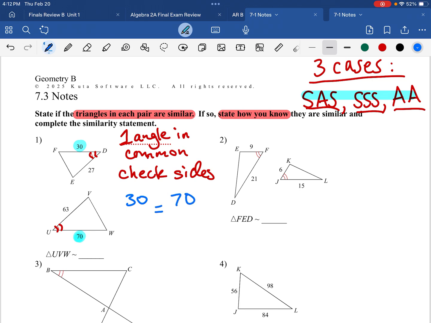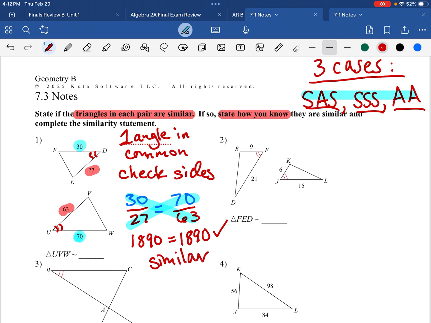But the 30 and the 70 need to be across from each other, and the 27 and the 63 need to be across from each other. Now in order to see if these are proportional, cross multiply. And sure enough, if I multiply these, it would have 1,890 is equal to 1,890. So these are in fact similar.